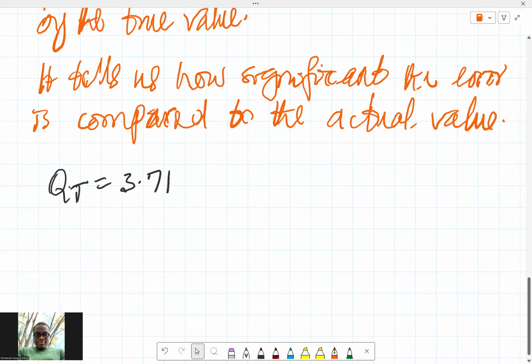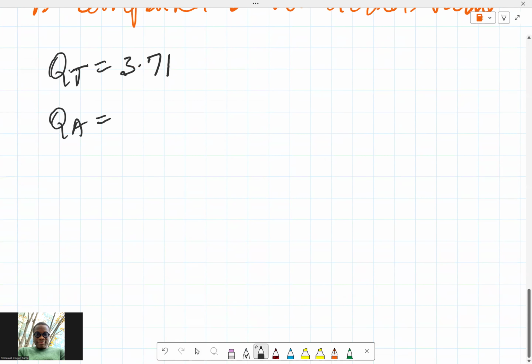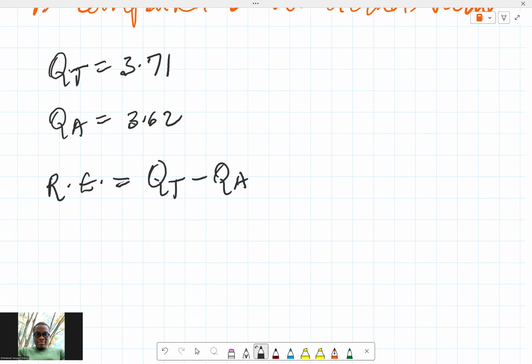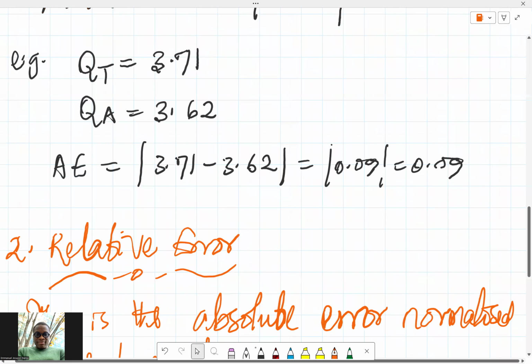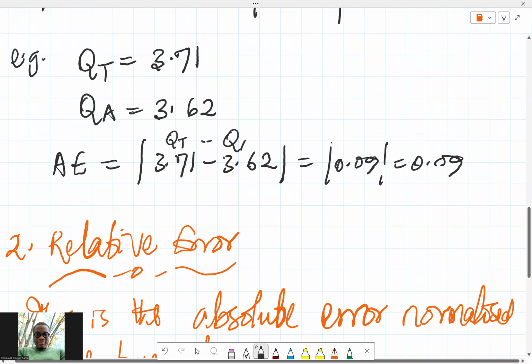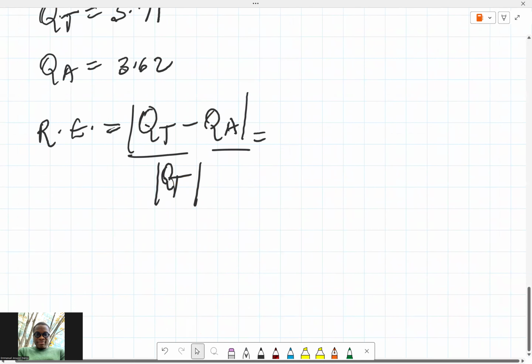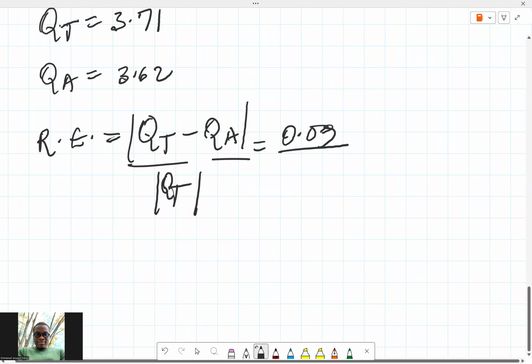So QT is 3.71 and QA is 3.62. The relative error will simply be the absolute value of QT minus QA, divided by the absolute value of QT, the true value. We already had QT minus QA as 0.09, divided by the true value, which is 3.71.